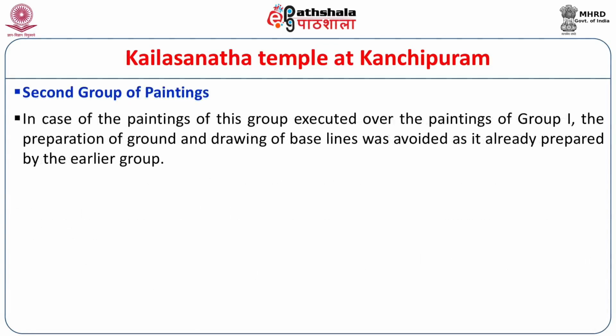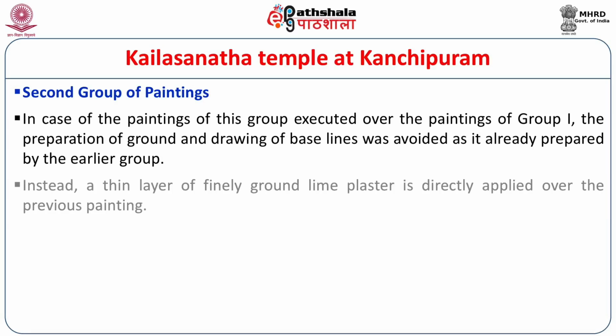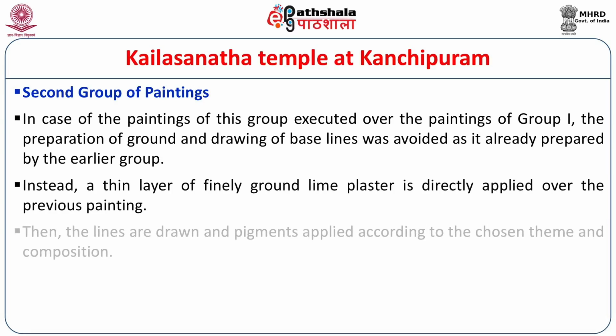In case of paintings of this group executed over the paintings of Group 1, the preparation of ground and drawing of baseline was avoided as the background was already prepared by the earlier group. Instead, a thin layer of finely ground lime plaster is directly applied over the previous painting.